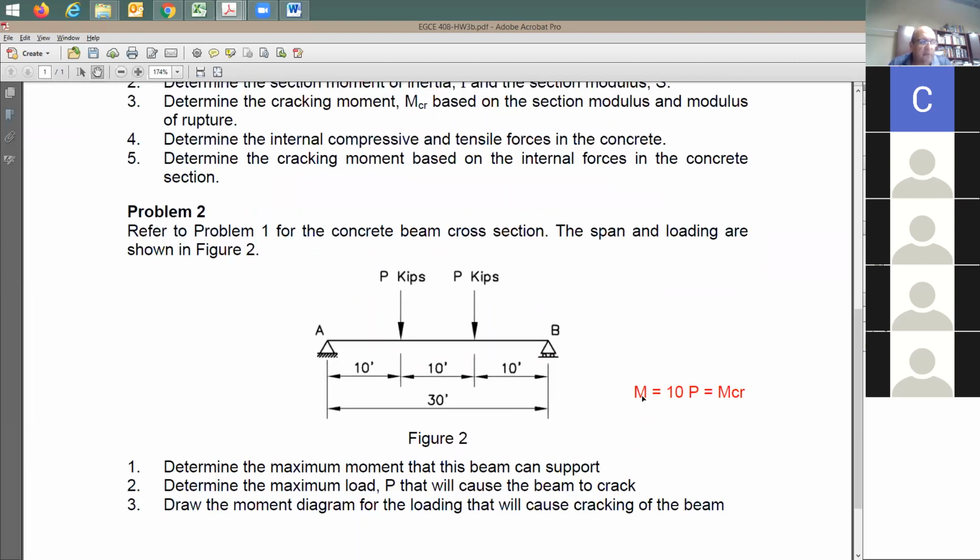The applied moment, which is M, is going to be equal to 10 times P. It's going to be the same as M cracking from here. Therefore, P is going to be equal to M cracking divided by 10 feet. That's it. This is all you need to do in the second problem. Someone's going to say, how about the self-weight? I said ignore the self-weight. I'm going to type it here: self-weight to be ignored.